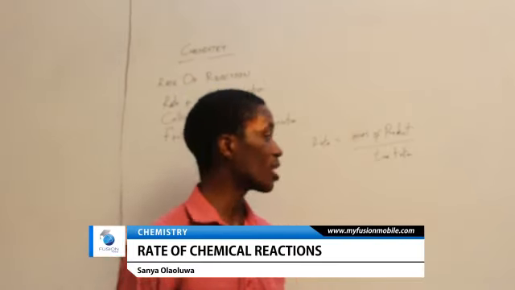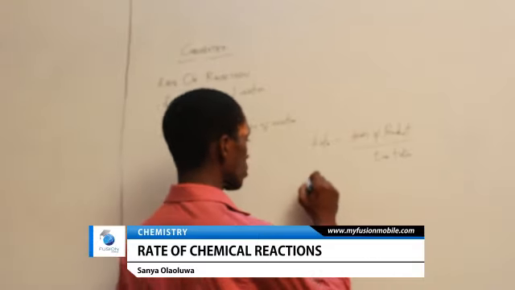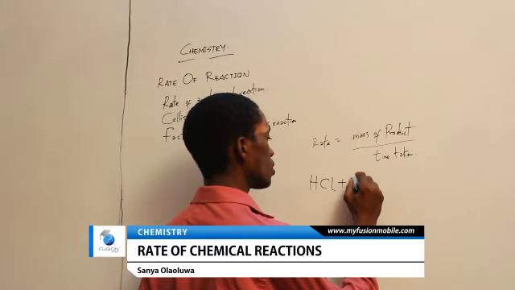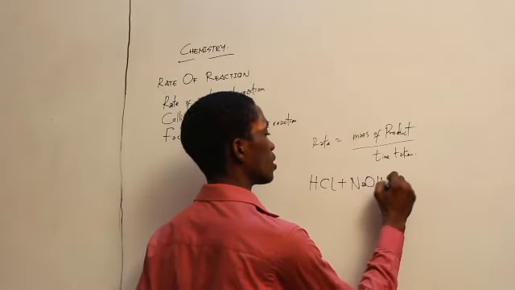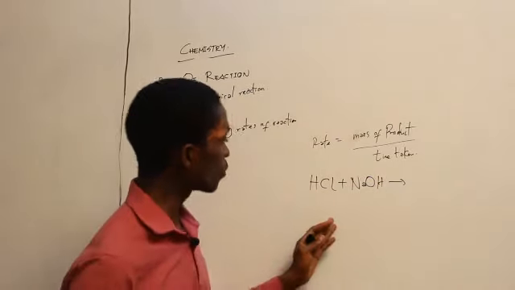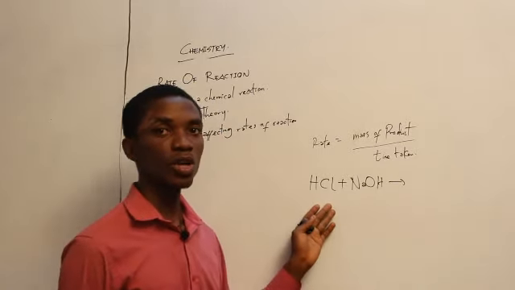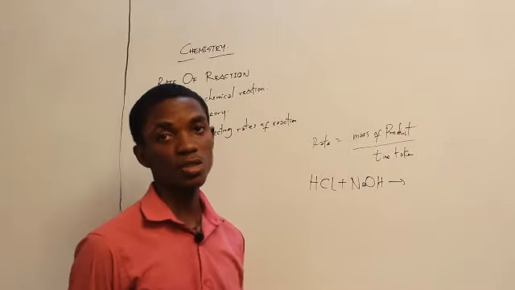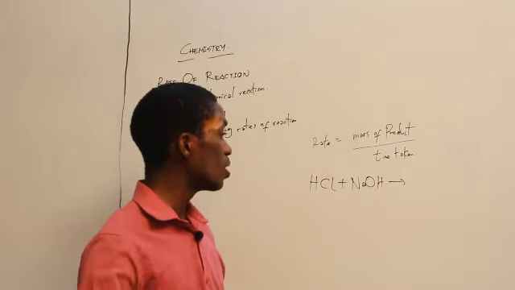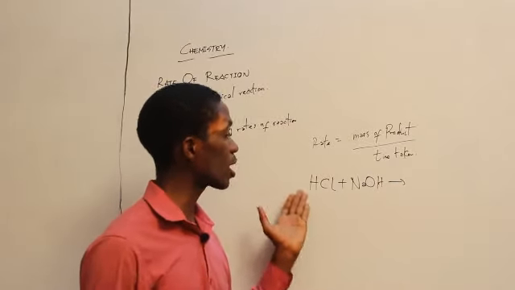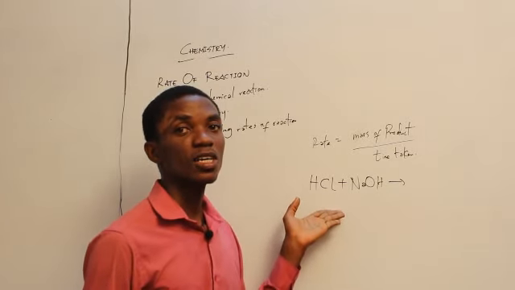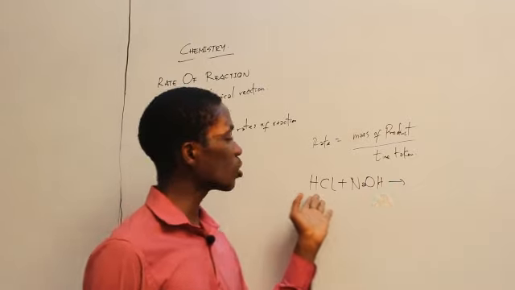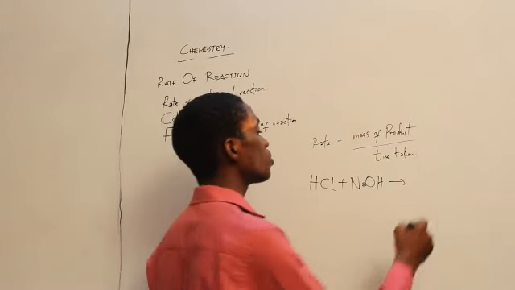So when you consider a particular equation such as HCl plus sodium hydroxide, you know how much HCl is in your system, and how much sodium hydroxide you have in your system. So when you want to calculate the rate at which the reaction is occurring, you can either take note of the reactants, or you take note of the products.